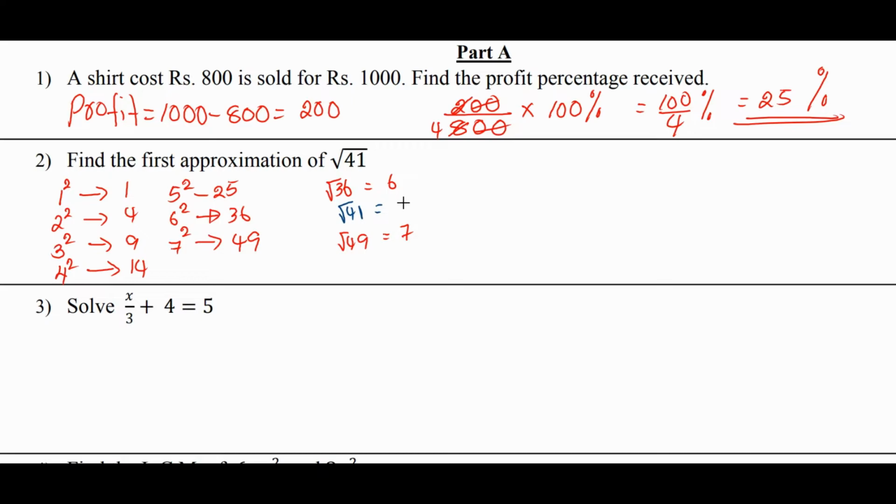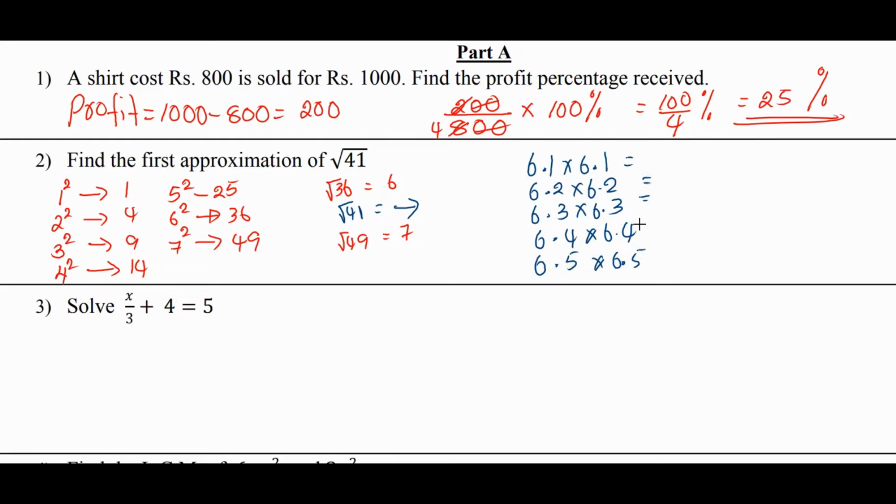Therefore, I have to find out 6.1 times 6.1, then 6.2 times 6.2, then 6.3 times 6.3, 6.4 times 6.4, finally 6.5 times 6.5. We have to calculate those values. That is the approximation method.